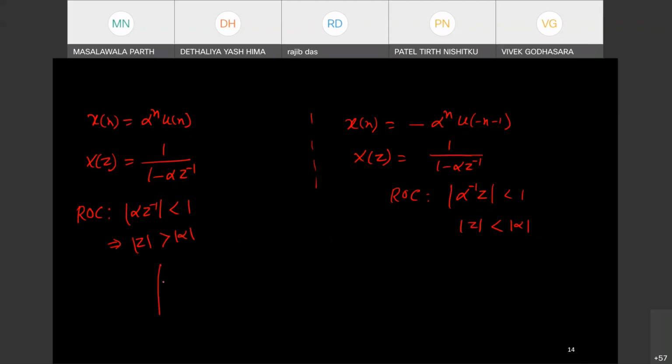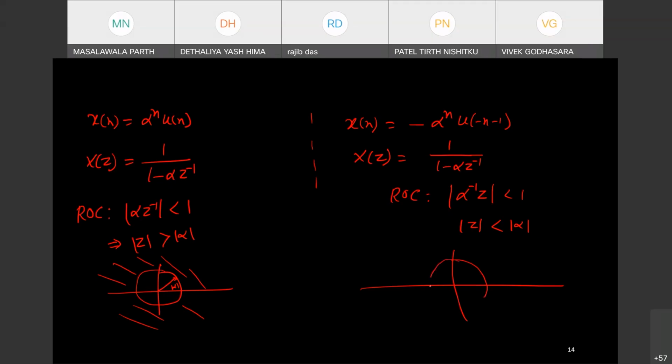Here this is the unit circle with radius of mod alpha. This is the region outside, and in this case this is your mod alpha, and it is within this one. This is the ROC. Have you got my point?